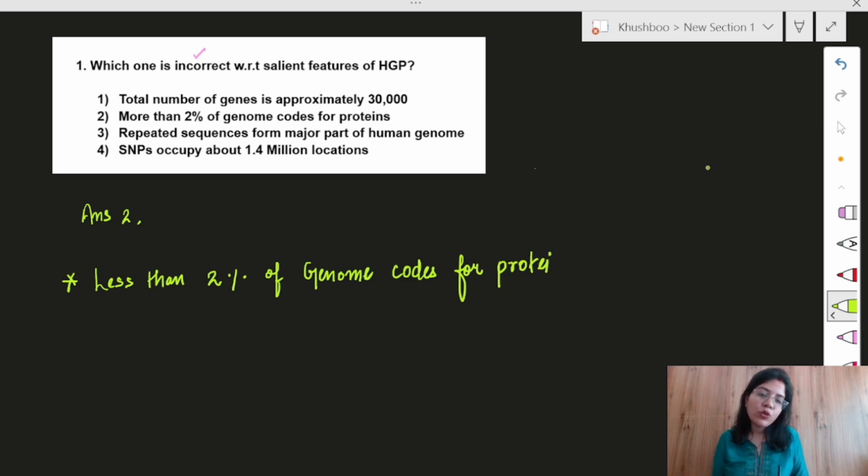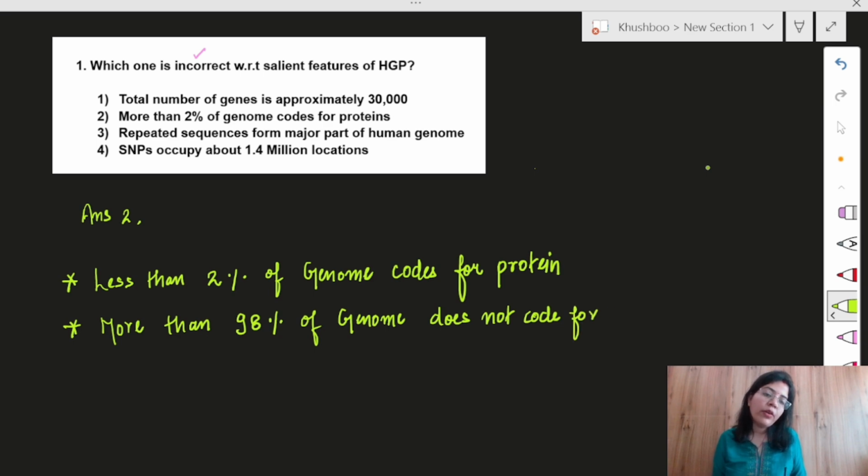Only less than 2%. Or next time you can get a question where they will write more than 98% of genome does not code for protein. You tell me, is the meaning of both statements the same or not?